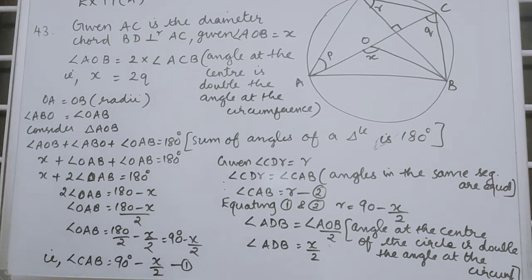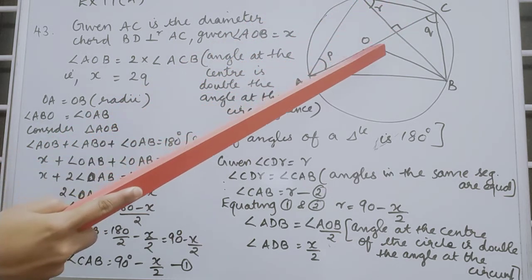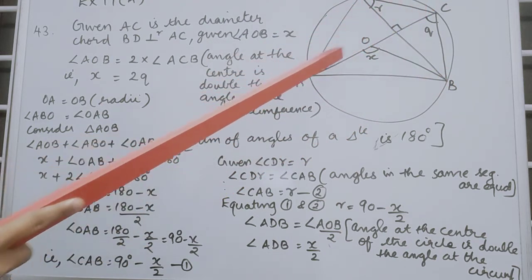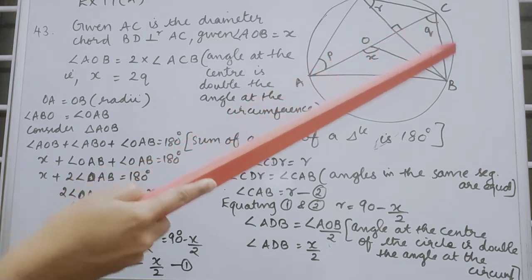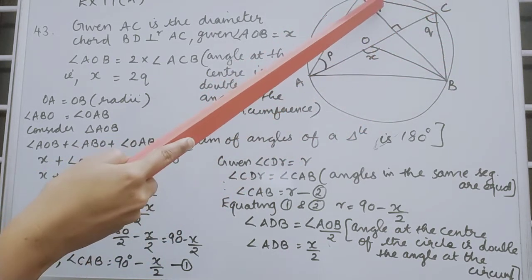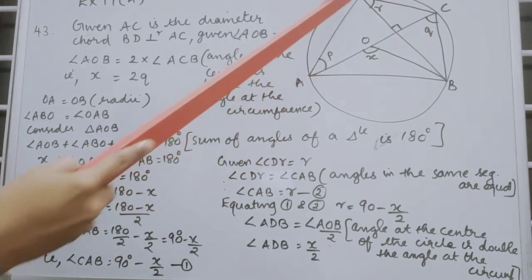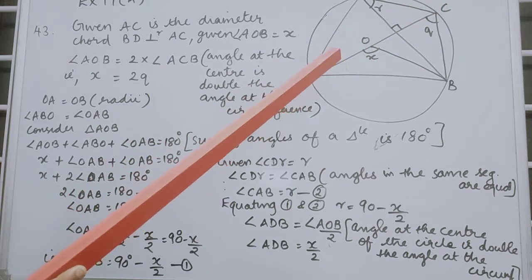Write down the angles P, Q, R in terms of X. Given AC is the diameter, BD is perpendicular to AC, angle AOB is X, then BDC as R and ACB as Q and DAC as P. These are all given in the question itself.